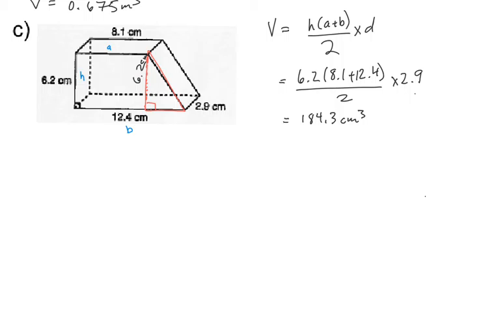Doing some more careful study, we see that this edge is parallel to this edge. Now, if this edge is 12.4 and this edge is 8.1, that means that this edge of the triangle should be about 4.3 centimeters.